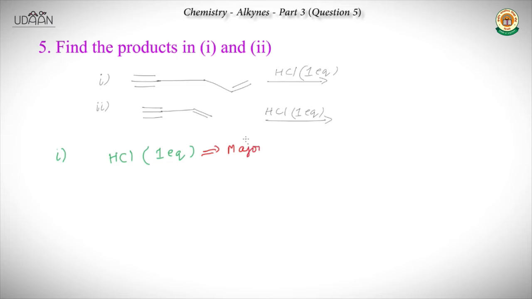Now one thing you need to observe here is in the first compound, let's draw the structure for it. It is C triple bond C, C double bond C. Since you have one equivalent of HCl, you know that HCl dissociates to give H plus and Cl minus.